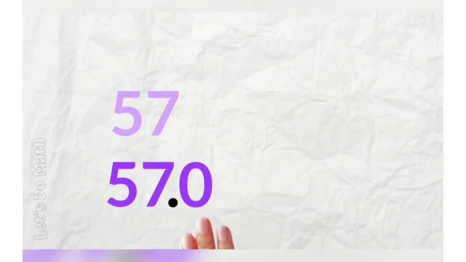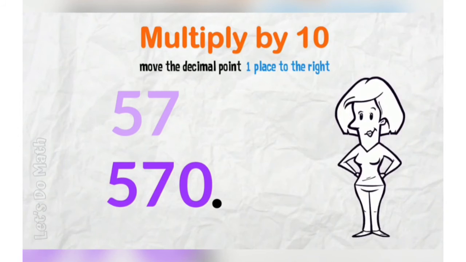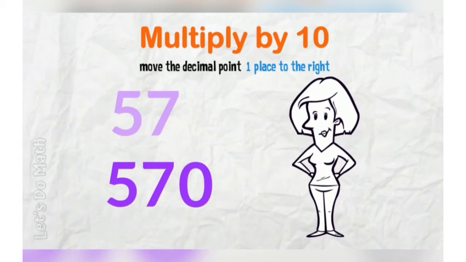Now let's look at 57 also. 57 is the same thing as 57.0. When we multiply this by 10, the same way we shift the decimal point by one place and it becomes 570.